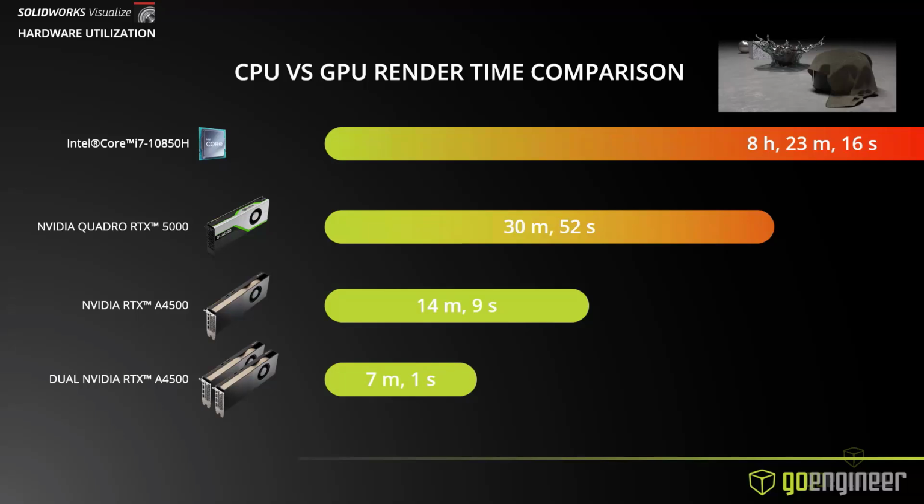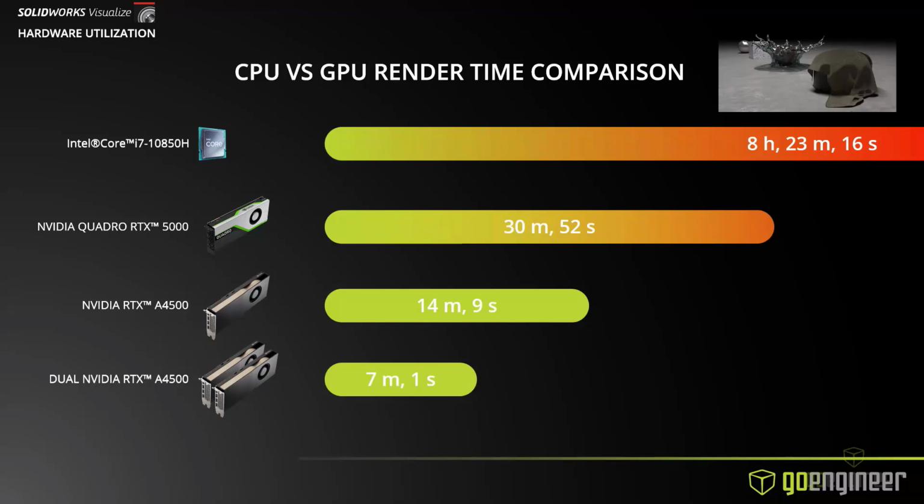So significant, and it's really a linear progression when you have multiple of the same GPUs, which is really nice. Now, this is again with one image. Imagine the time savings you'll see when you're rendering out an animation, which can consist of hundreds of images that each represent a single frame.